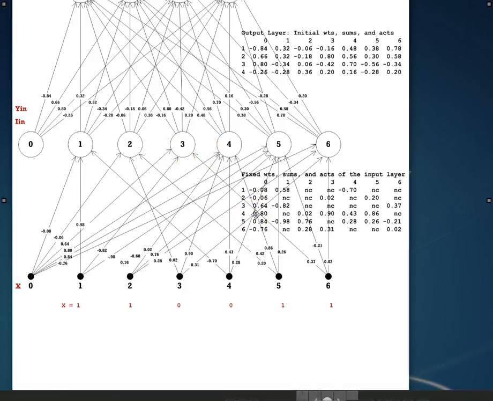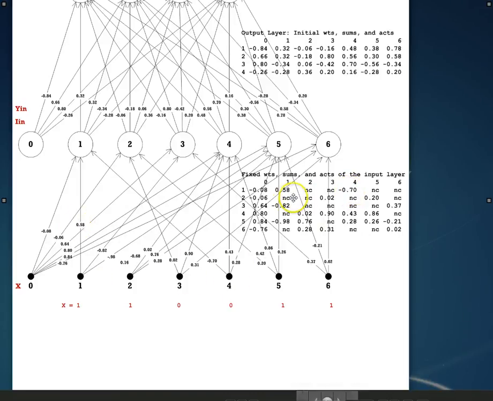Whereas if you go to element number 1, it is connected from 0, and also from 1 and 4. Sorry, 0, 1, and 4.